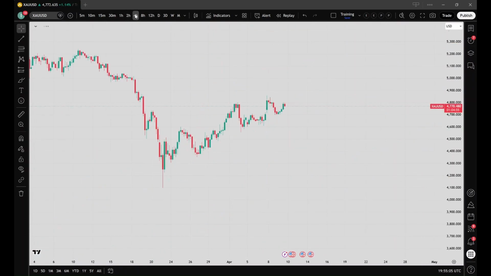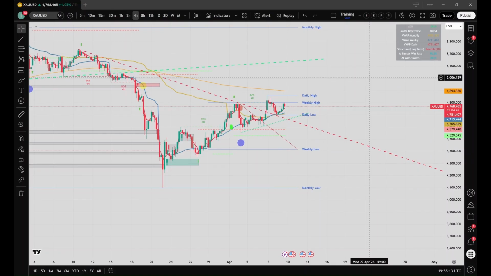Oh, but one thing I forgot to cover was, how does the AI module calculate the wins and losses, and how is a win determined? So it's very simple. From the very price point and the very candle that you're given a buy or sell signal on by the AI module, 4 candles later, let's say for example you received a buy signal, 4 candles later, if price is still higher than your entry on that buy, that's a win.